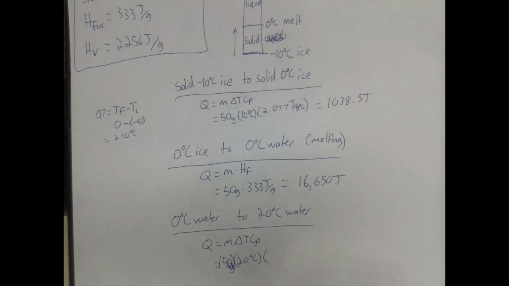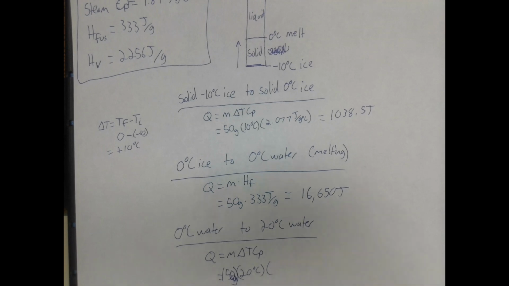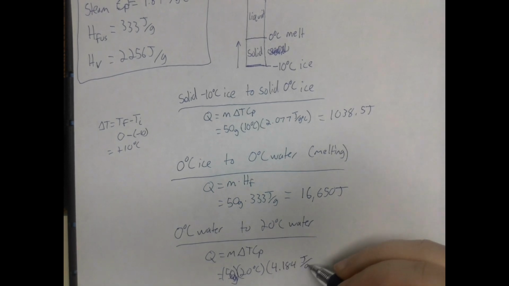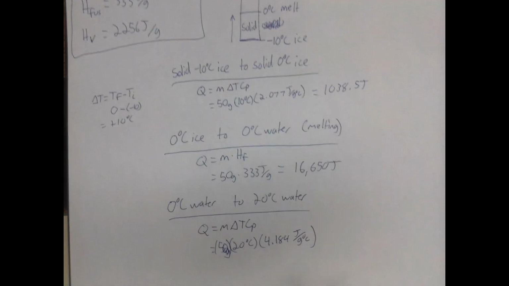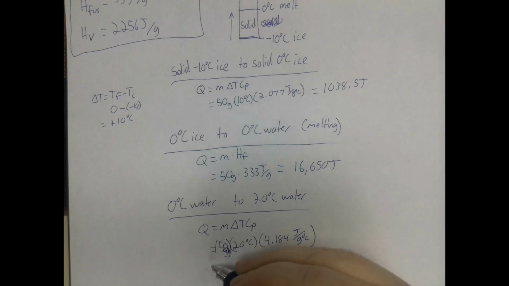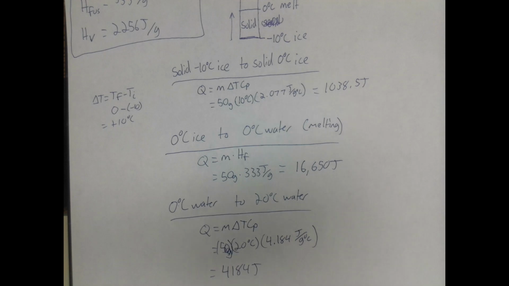And the CP for liquid water is 4.184 joules per gram degree Celsius, which equals 4,184 joules.